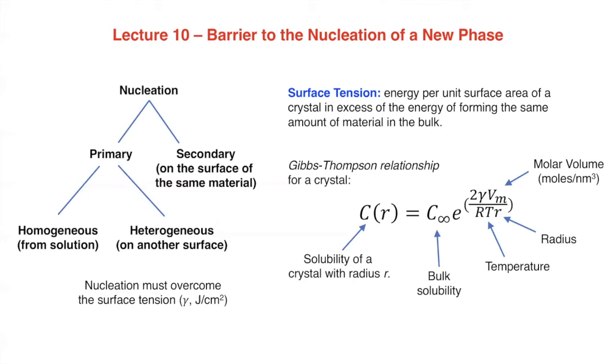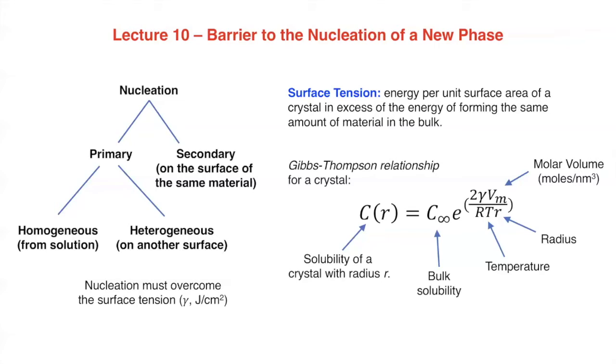Okay, it's the energy per unit area of a crystal in excess of forming the same amount of that material as though it were bulk. So in making the first little pieces of a crystal you must pay the surface tension in order to nucleate that small unit. And then as it gets larger and larger, the surface area to volume ratio goes down, and that surface tension quantity goes down on a per unit basis.